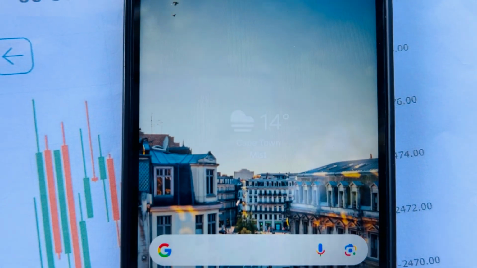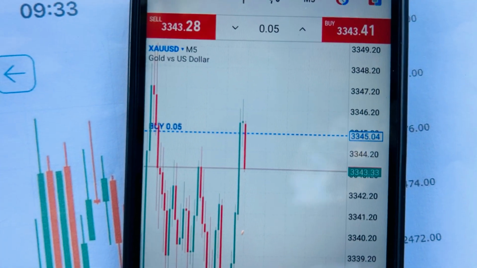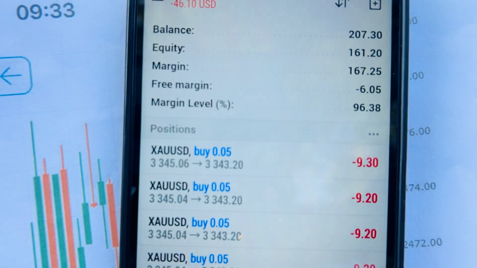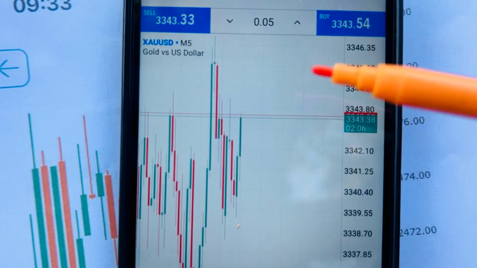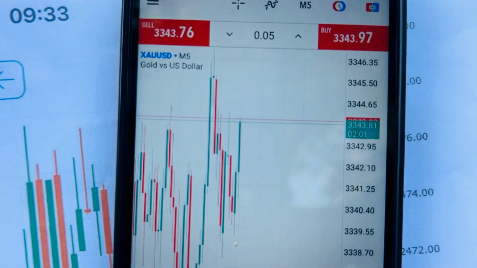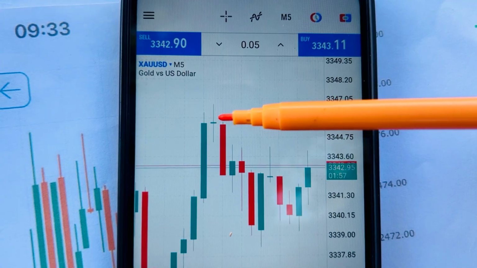Because if right now we use MetaTrader 5, let's use MetaTrader 5 and show you. All right, this is MetaTrader 5. If we check on MetaTrader 5, we have this, and let me zoom in for you. We have this here, all right?